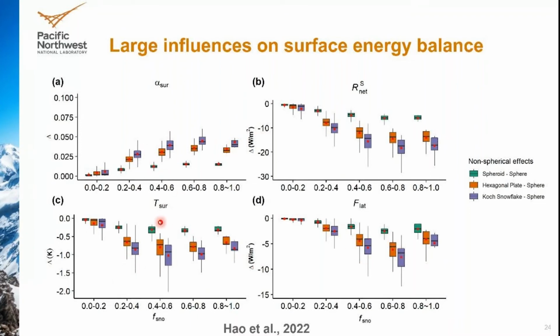We can focus on the surface temperature. The x-axis is the snow cover fraction, and the y-axis is the difference caused by the snow grain shape. The temperature difference can be as large as 2 K for the koch snowflake. This difference is very large.